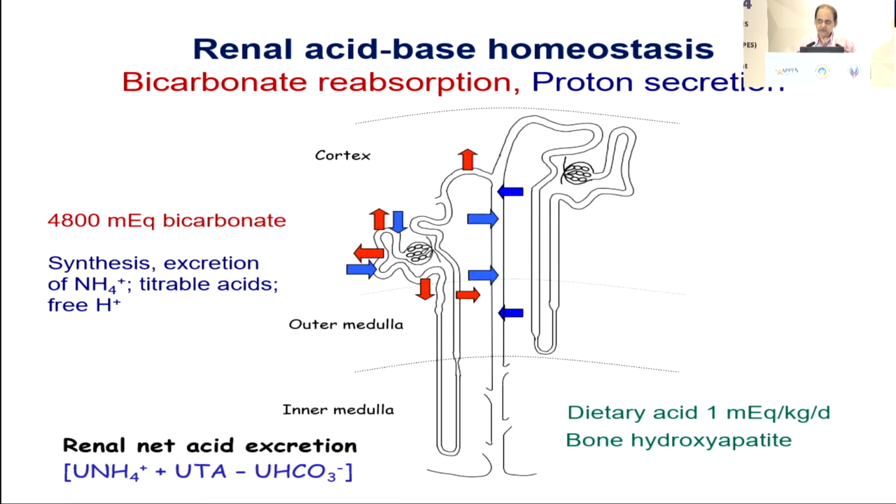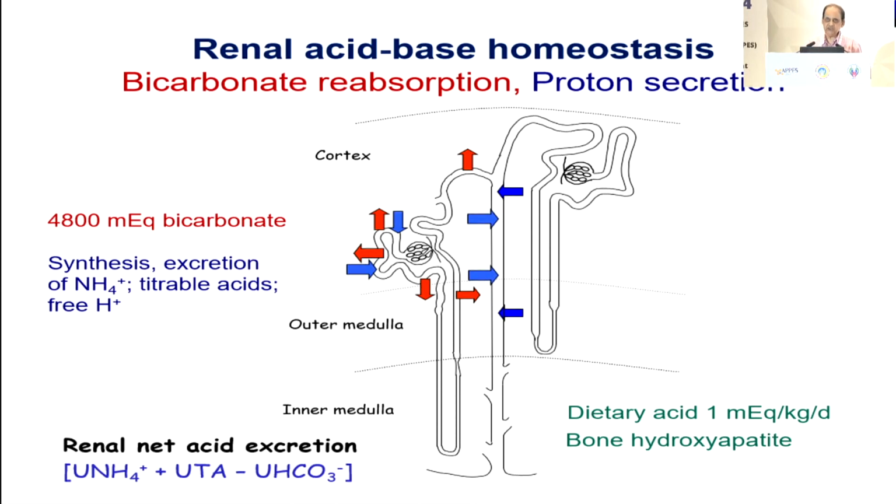So, to begin, the role of the kidney in acid-base homeostasis is chiefly bicarbonate reabsorption, which happens across the entire tubule, but chiefly in the proximal segments. In addition, there is a very major element of proton secretion, which is less recognized.